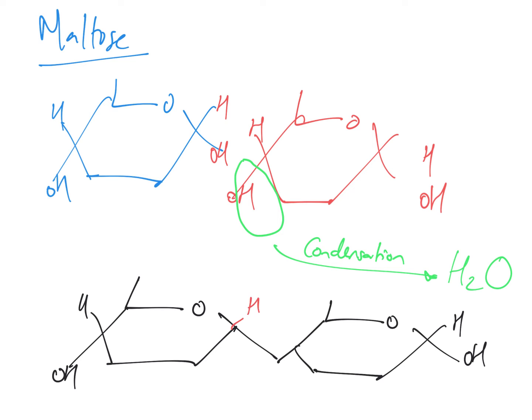I still have this H. I still have this H. I removed the water and they are bonded together by this O in the middle. But I've removed the water. This is a glycosidic bond. Glyco meaning sugar.